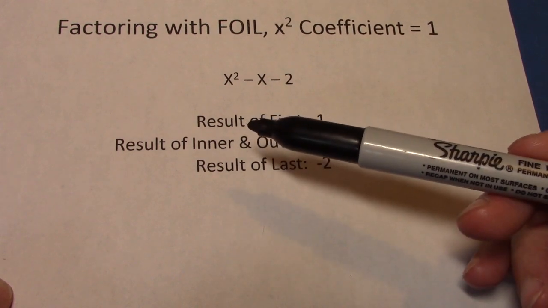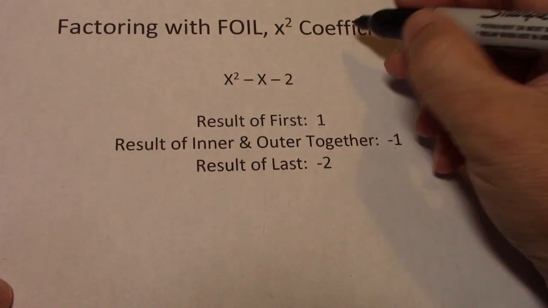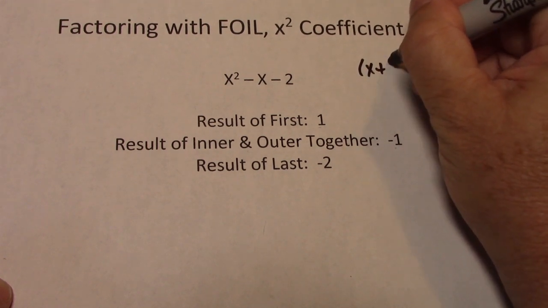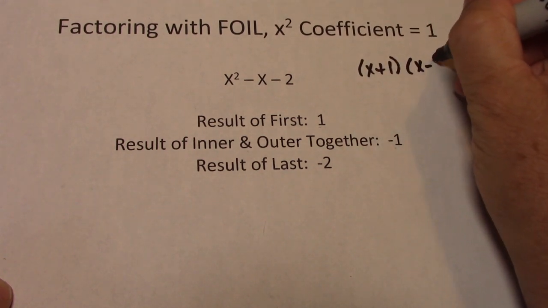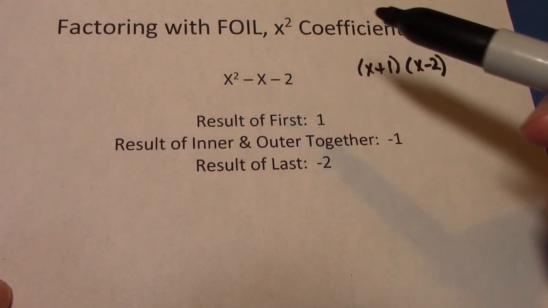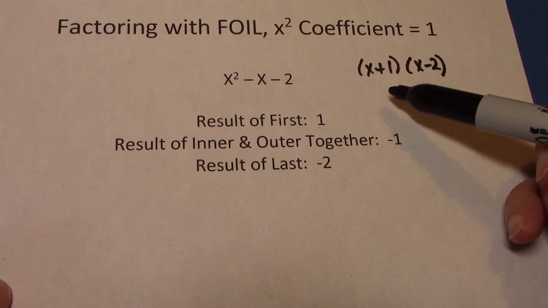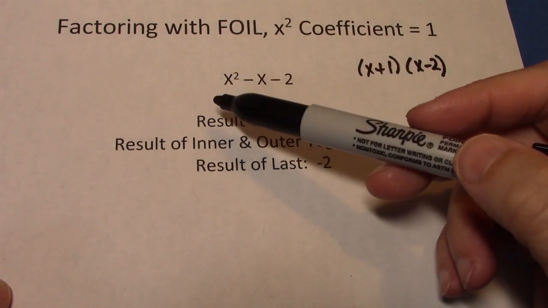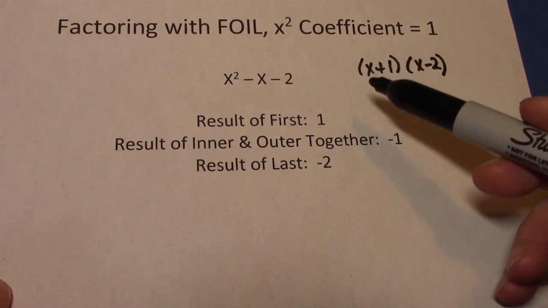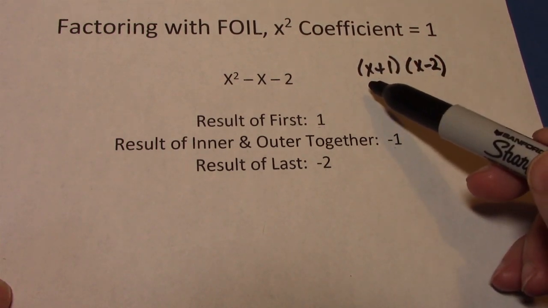Now we just did this problem a moment ago, and we said that the two terms that we multiplied together to get that were x plus 1 and x minus 2. So if our goal is to factor this so that we wind up with two binomials, in fact, let me explain the term binomials for a moment.